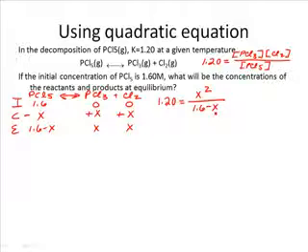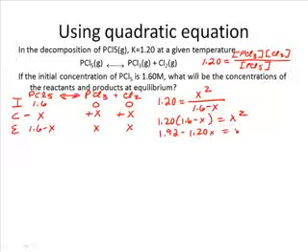So let's simplify this. 1.20 times 1.6 minus x is x squared, so 1.92 minus 1.20x equals x squared. Let's make it look like a quadratic form: x squared plus 1.20x minus 1.92 equals 0. So here's our standard form, A, B, C.